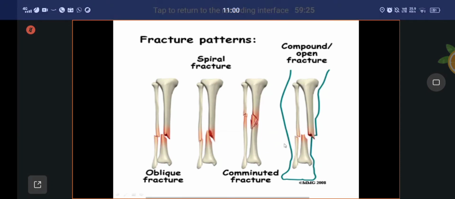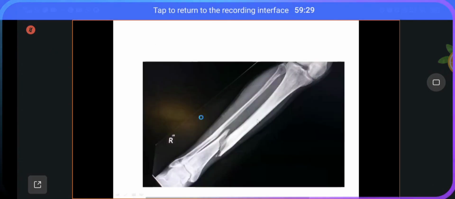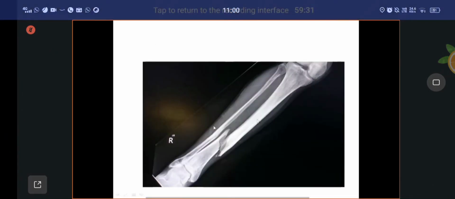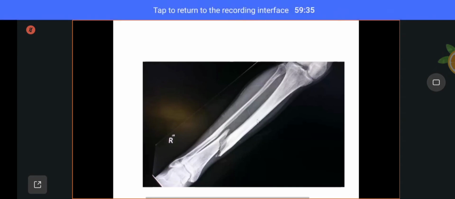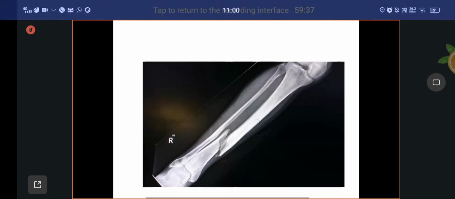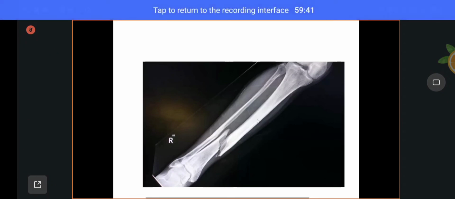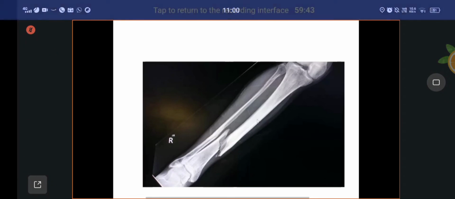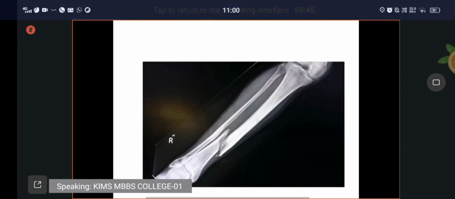You have to take more care. Otherwise, it is very, very difficult to cure that fracture and also the infection. These are some of the clinical aspects. With this, I have completed the fractures and the fracture dislocations and also the tibia.